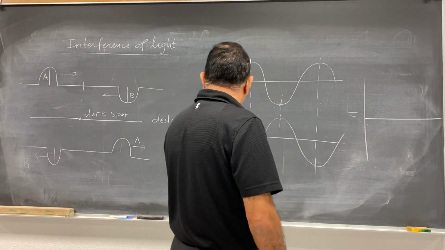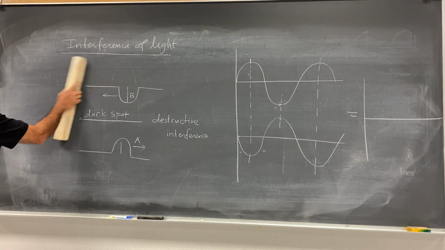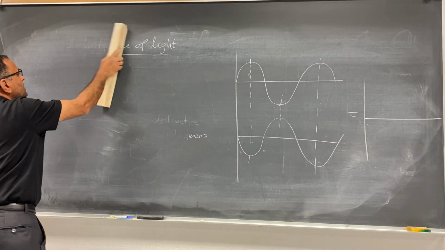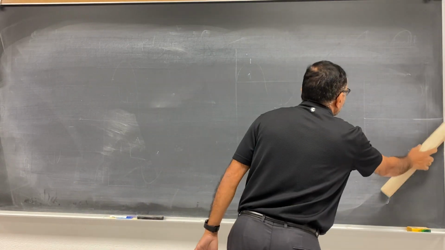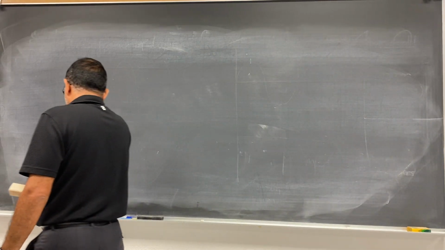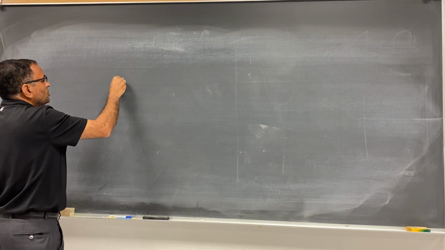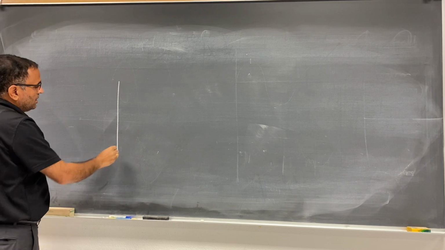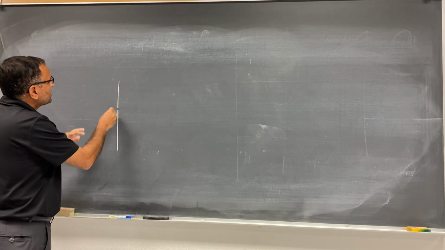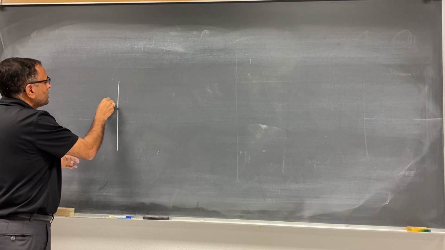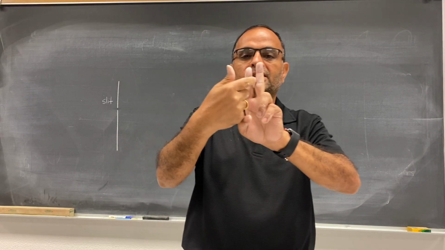Okay. And for the interference of light, there is one experiment we call Young's double slit experiment. Let us suppose this is a double slit. You have to make one slit. This is a slit, like a plate with an opening.